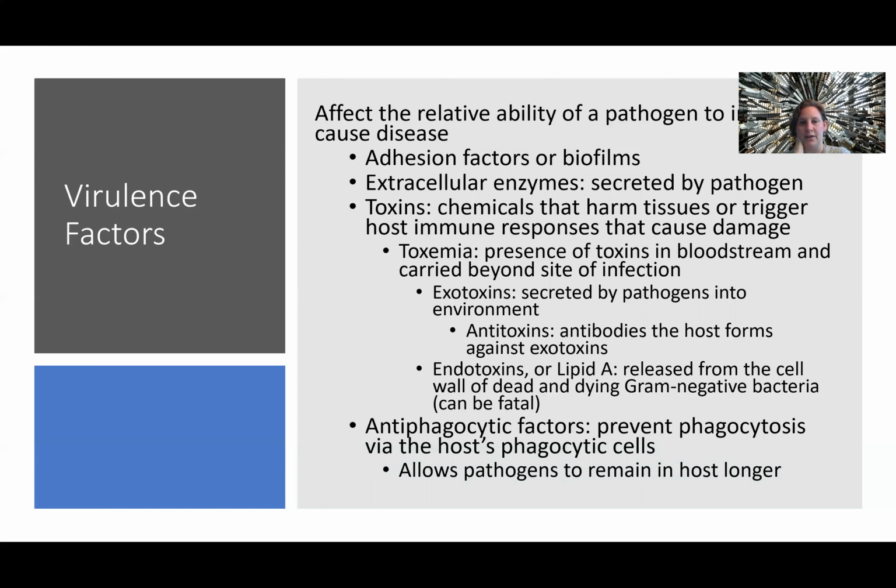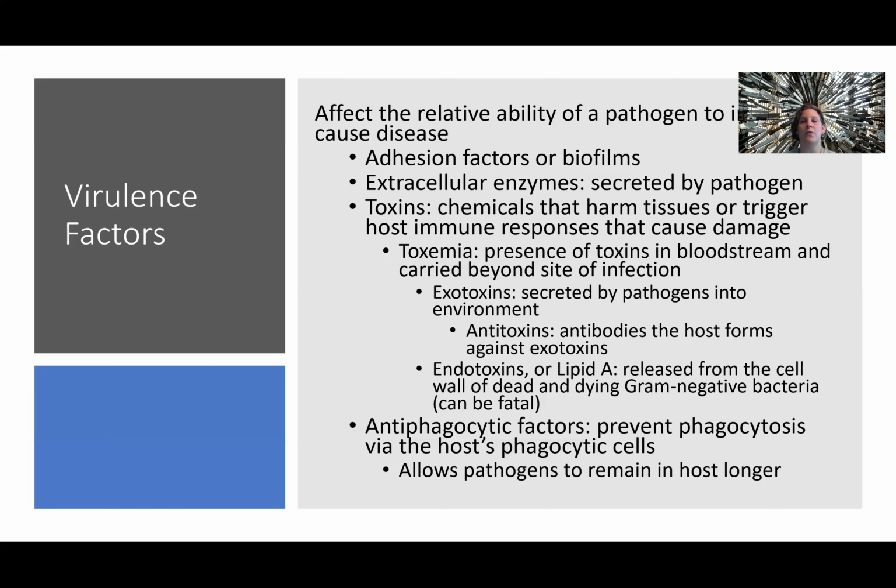Another virulence factor, things that make microorganisms more pathogenic, more virulent, is the ability to produce toxins. These are different than extracellular enzymes because enzymes are breaking something down. Toxins are chemicals that are released that harm your tissue or trigger an immune response to cause damage.